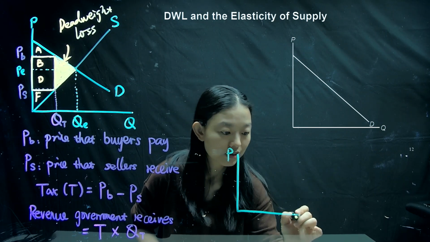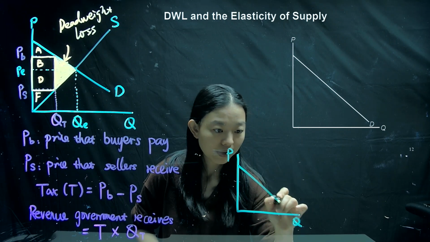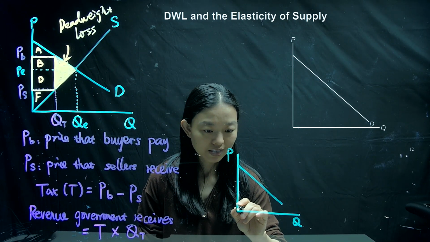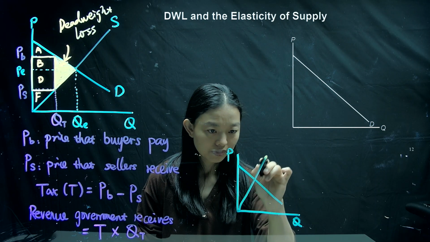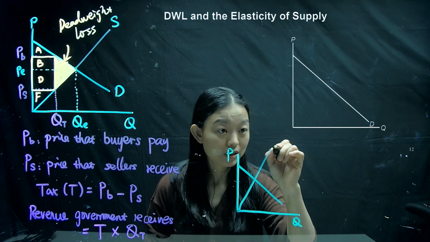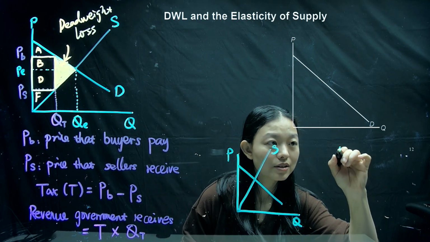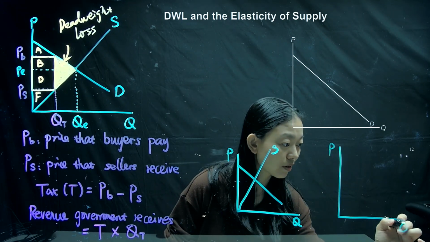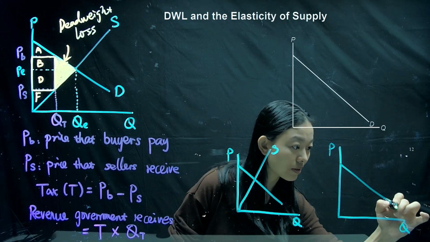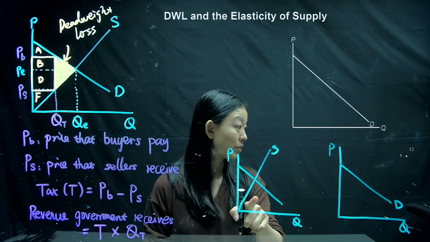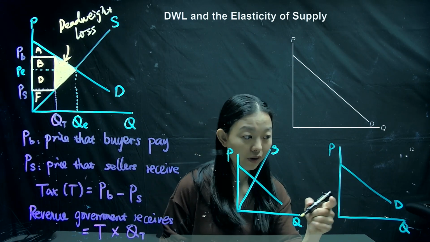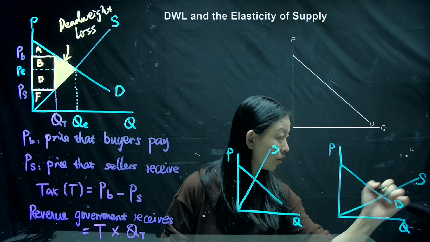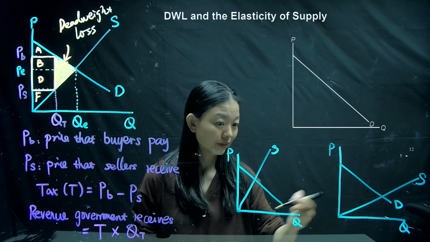This is the price, this is the quantity, this is the demand curve, okay? And then the first supply curve is like this way. This is the supply curve. And this is another graph. This is the price, this is the quantity, this is the demand curve. Actually, this demand curve and this demand curve are very similar, right? But now in the second case, we have the supply curve like that, with a flatter supply curve.